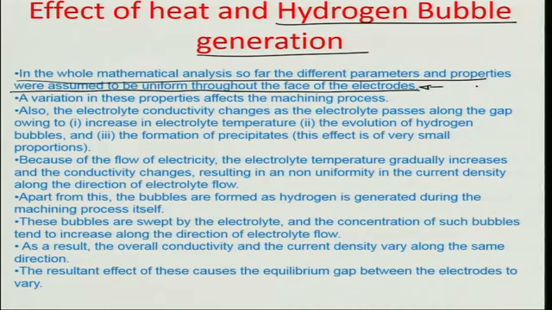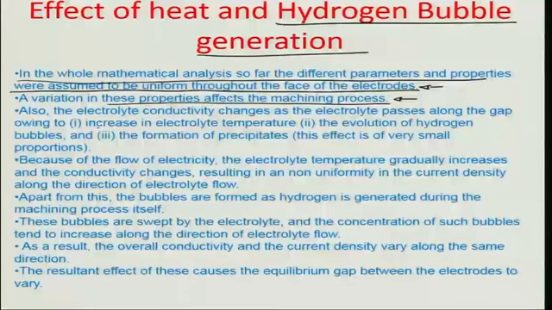We never assumed the conductivity to be varying, or other parameters like, let's say, temperature, etc., to be varying quite a bit. So a variation in these properties was not considered in the machining processes. Supposing I were to tell you that hydrogen is getting generated the moment the electrolyte enters between the electrode and workpiece, and as the electrolyte goes ahead, hydrogen keeps on adding and the concentration keeps on increasing.